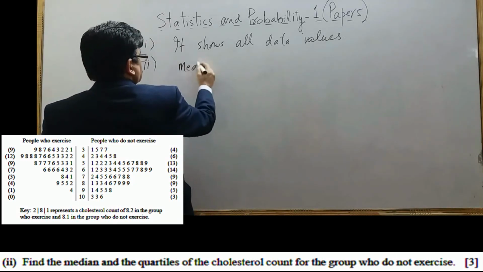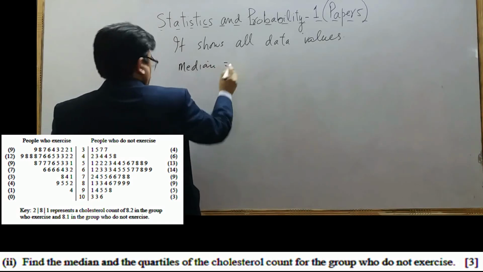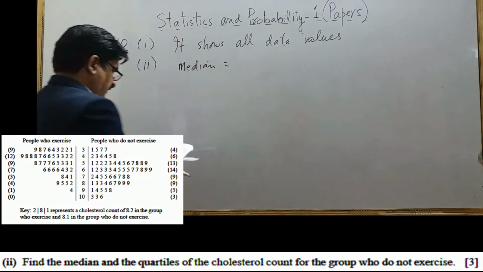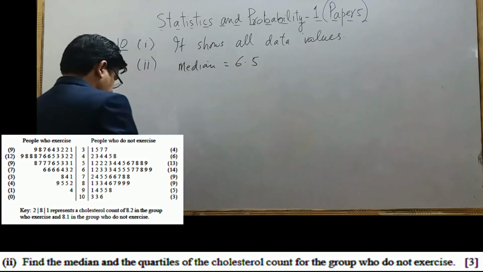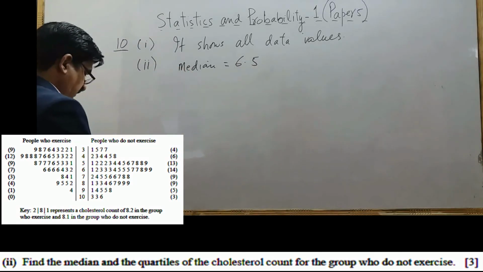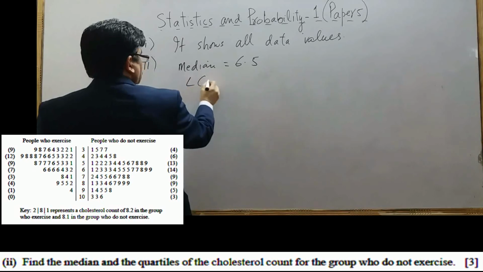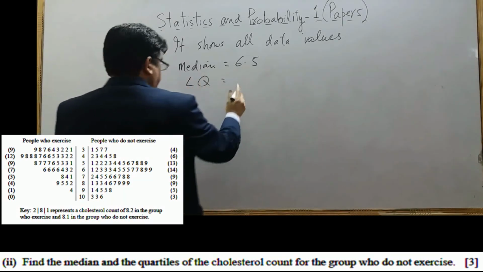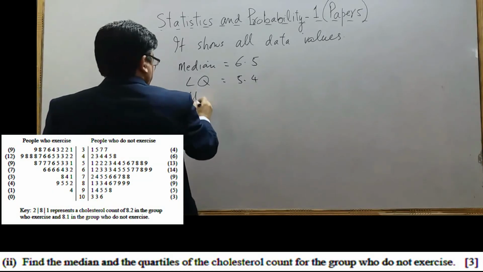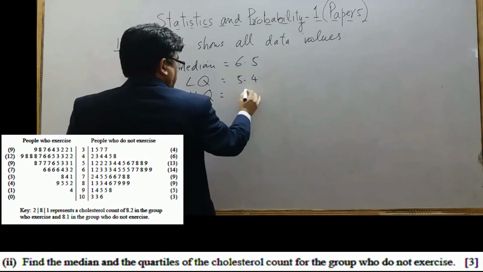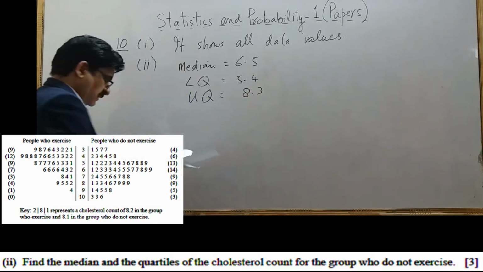Median is, you find yourself, it is 6.5. Then we have the quartiles, the lower quartile. You find yourself, it is 5.4. Then we have the upper quartile, it is 8.3.